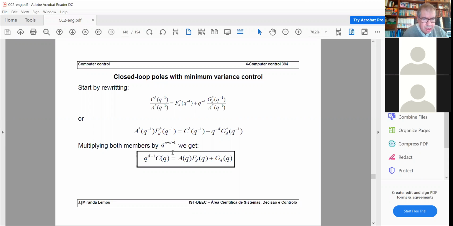Remember that q up to n, multiplying A star, gives you A of q. And q up to d minus 1, remember that F is of degree d minus 1, gives you F. Now here, this is of order n, so q^n gives you C, and then you still have q up to d minus 1, that's why it appears here, and so on.